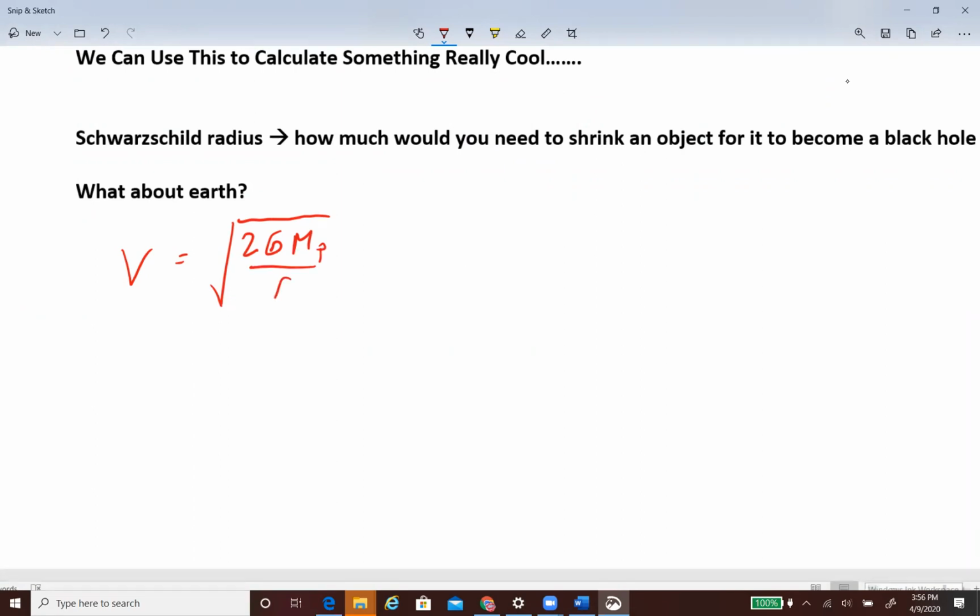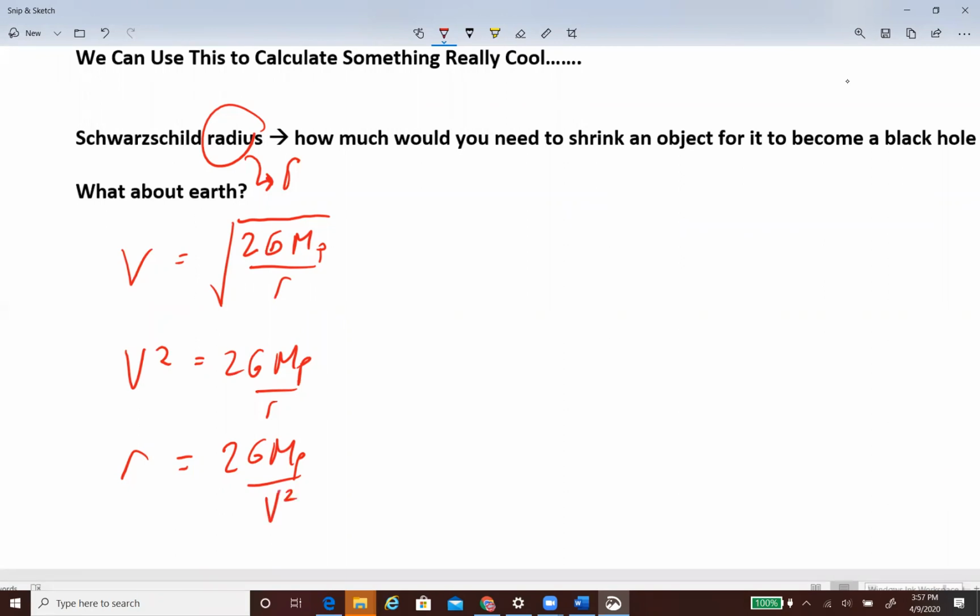Now, the Schwarzschild radius is you're looking for R. So I'm going to say V squared is simply 2G m planet over R. And what I'm going to do is rearrange and say R equals 2G m planet over V squared.